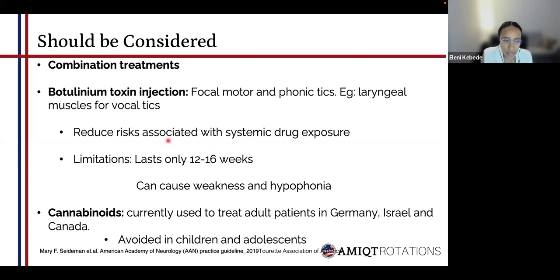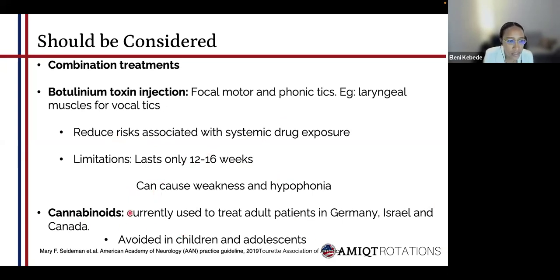The very important use of it is it doesn't go systemically, so it reduces the risk associated with systemic drug exposure. The limitation is it only works for a short time, 12 to 16 weeks, and then we have to repeat it. And it can cause weakness and hypophonia, and that should be also discussed with them.